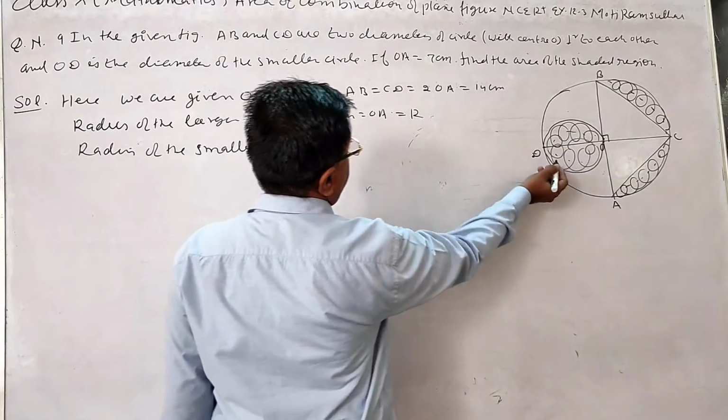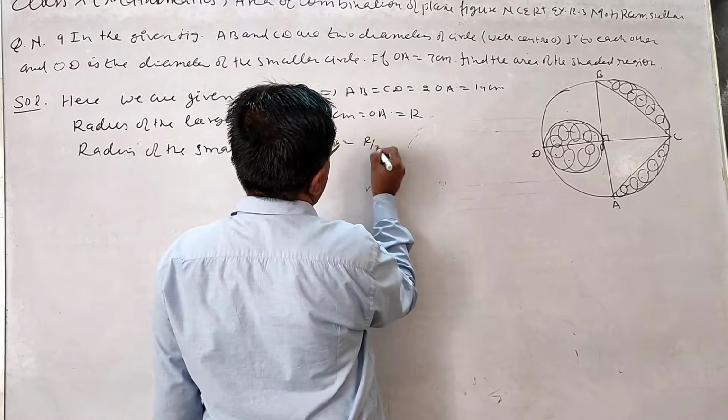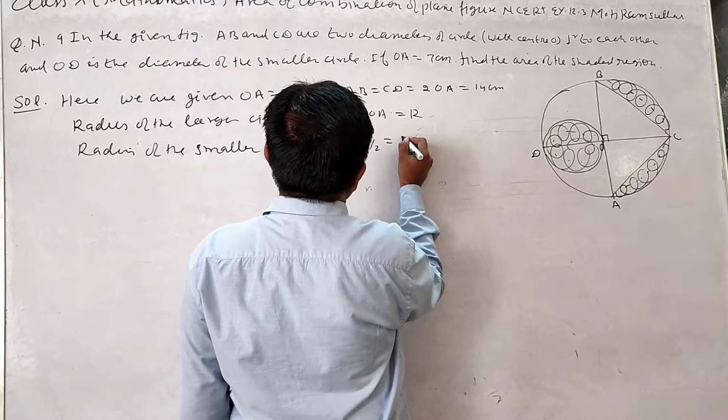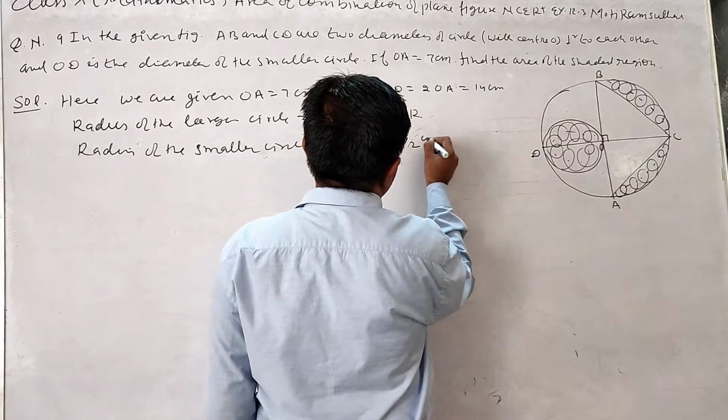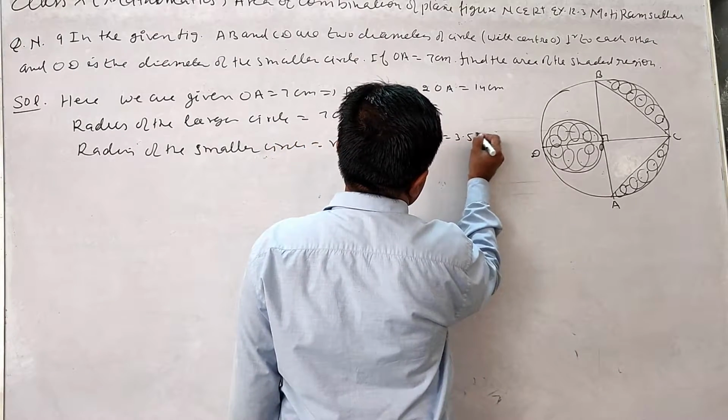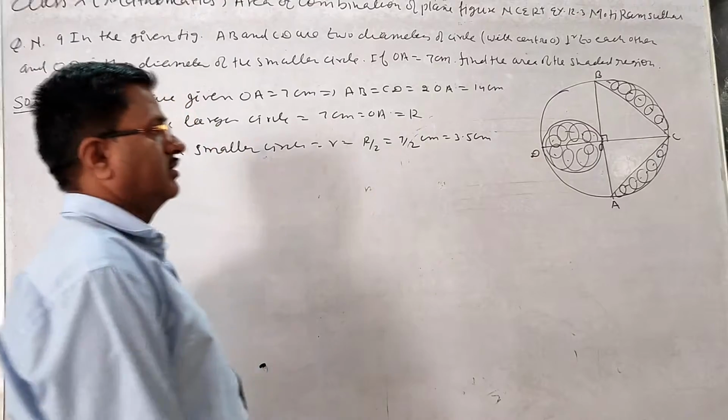So this radius is equal to half of this, that is 7 by 2 centimeter. So we get the diameter.